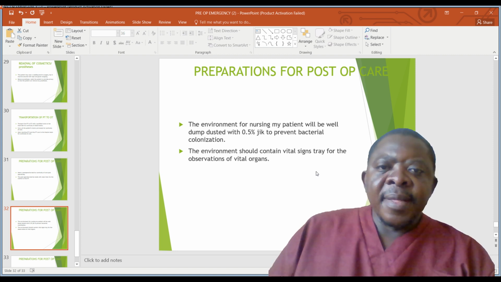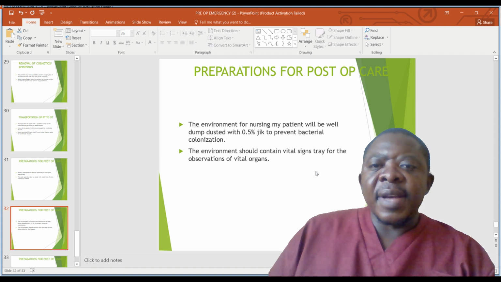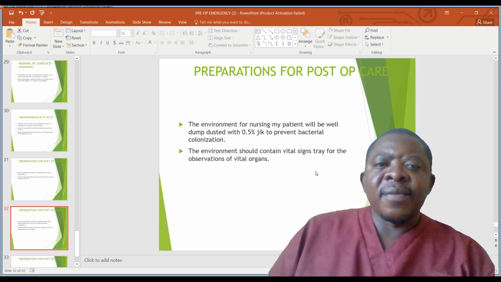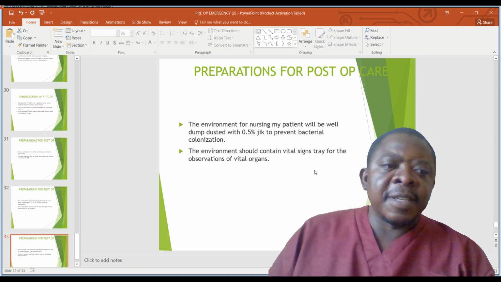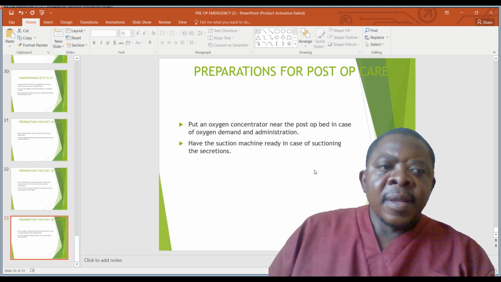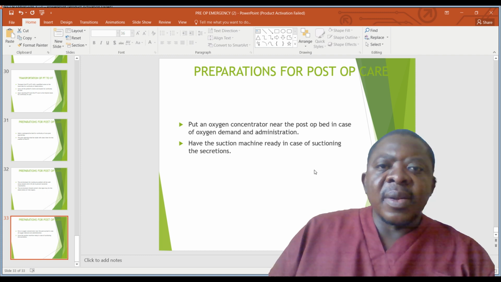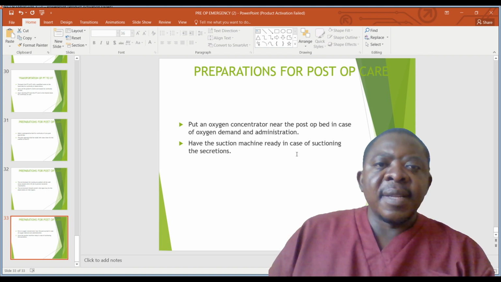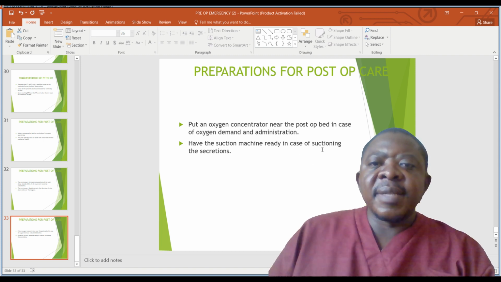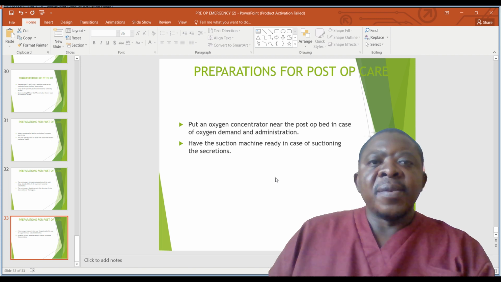The environment should contain a vital signs tray for observation of the patient within the critical hours after operation. Then you can put an oxygen concentrator near the postoperative bed in case of oxygen demand and administration, and have the suction machine ready in case of suctioning for secretions.